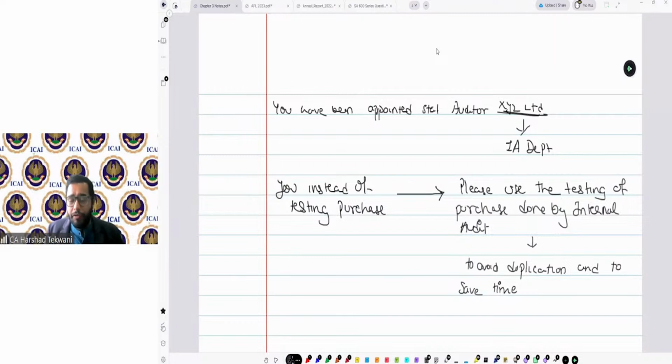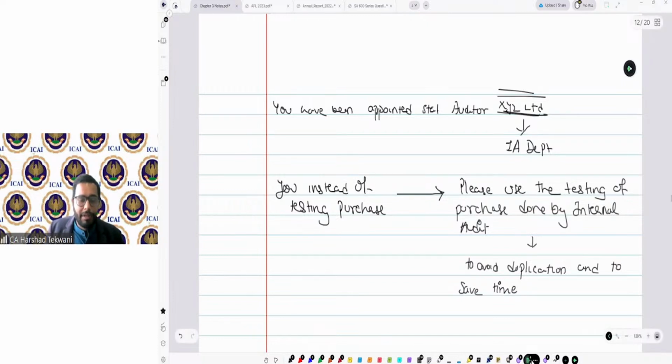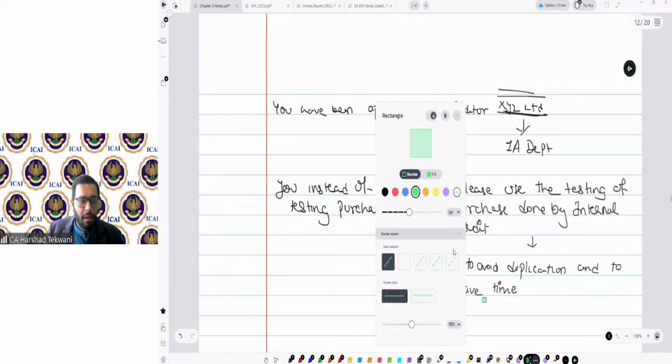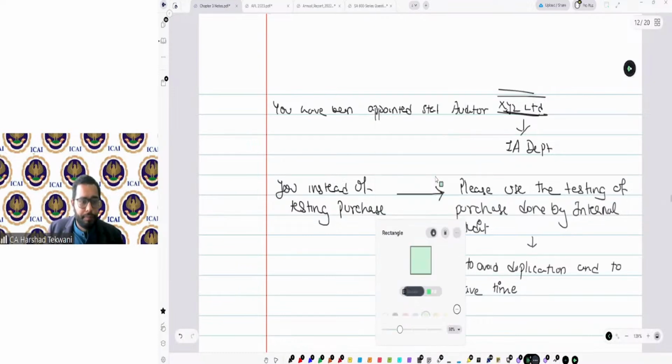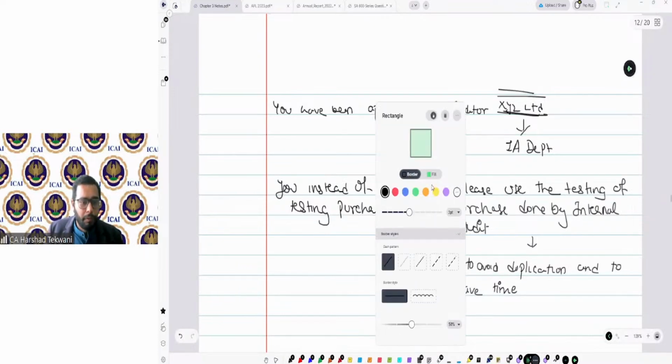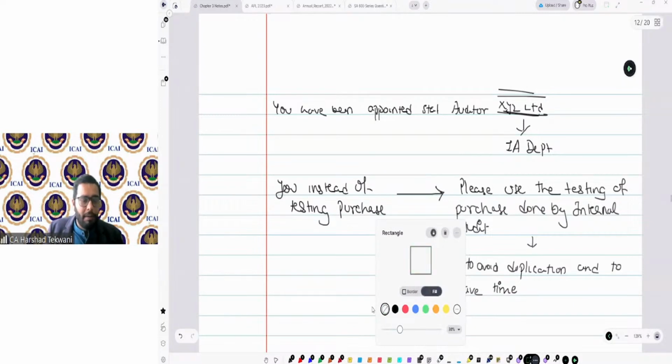So that is the proposal by XYZ Limited to you. Please use the testing done by the internal audit team instead of you testing again.